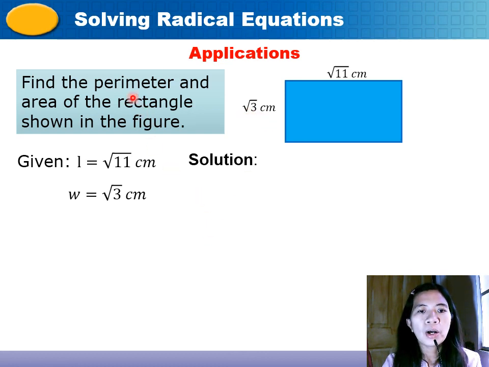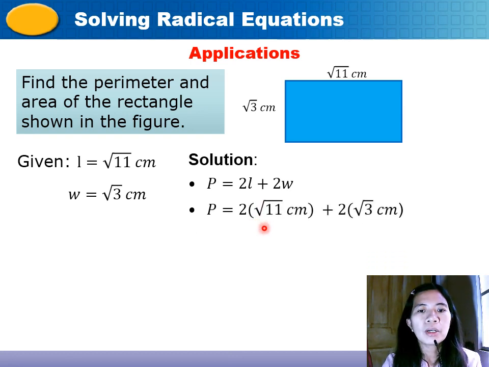So for the perimeter, we have the formula 2L plus 2W, meaning 2 times length plus 2 times width. Okay, so let's identify the given. Our length is square root of 11 centimeters and our width is square root of 3 centimeters.